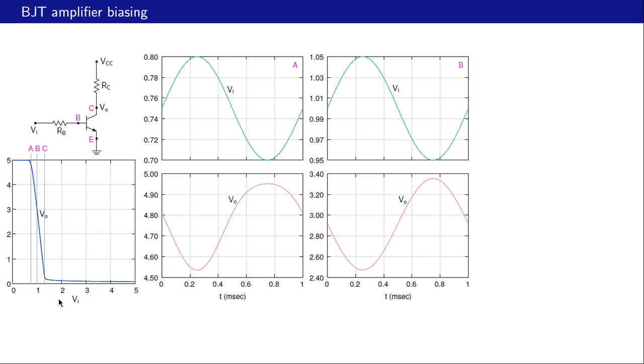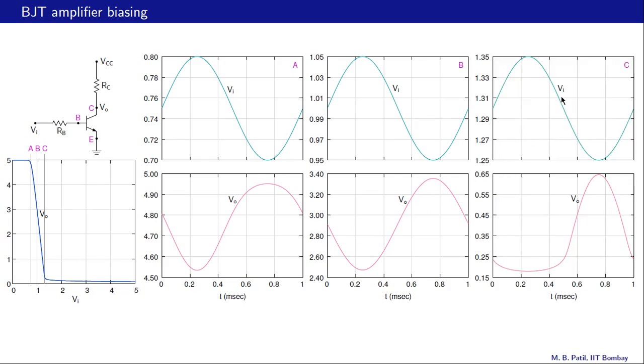Let us consider another bias point, the one given by this line C here, and we are going to apply an input voltage which goes around that bias point like that, and let's see the input and output waveforms now. That is the input voltage centered around 1.3 volts, which is this value here, and the amplitude is still the same. It is 1.25 to 1.35 peak to peak, so 0.1 volts peak to peak or 100 millivolts peak to peak.